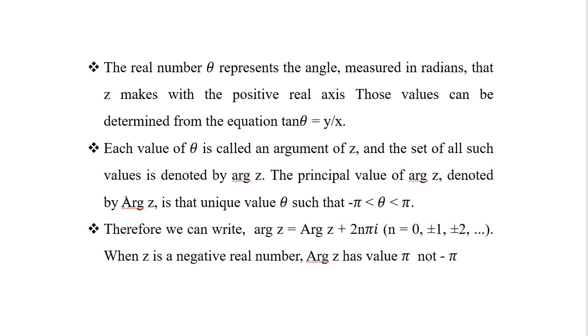The small difference is that the first letter should be a capital A, and the unique value is theta such that theta lies between minus pi and plus pi. Therefore, we can write arg z equal to the principal argument Arg z plus 2n pi, where n varies over 0, plus or minus 1, etc. When z is a negative real number, the argument has the value pi only, not minus pi.